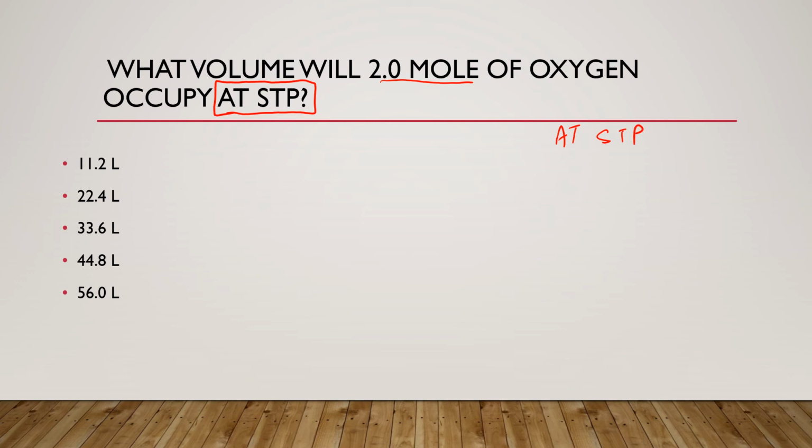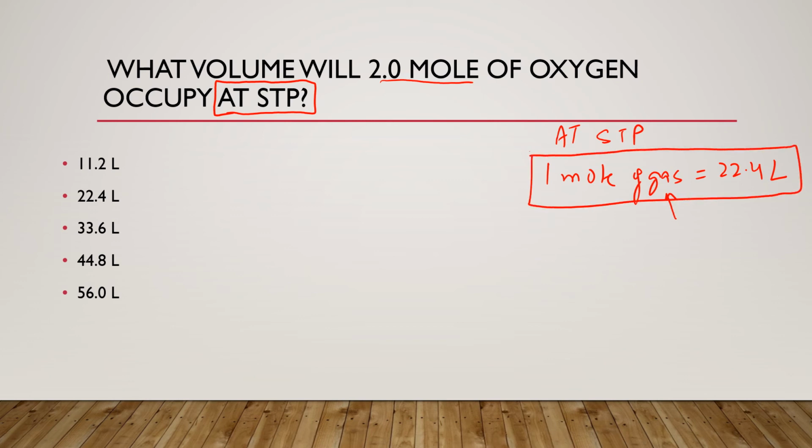We know at STP 1 mole of gas is equal to 22.4 liters. Now this is common for any gas. In our example we have oxygen, but regardless of the gas we can always use this as an equality statement to figure out the conversion factor. So we can write that equation on the side.